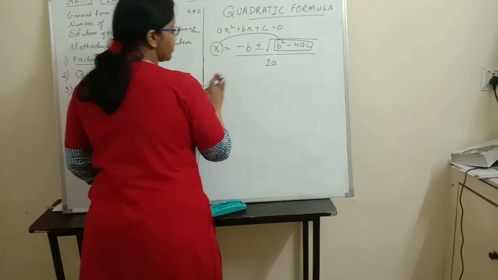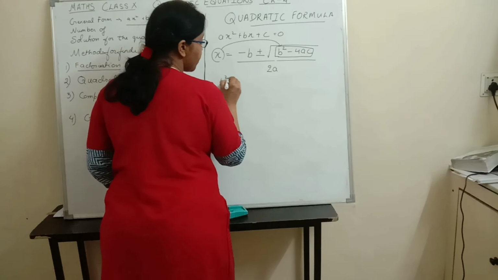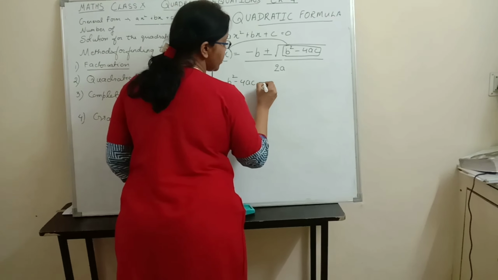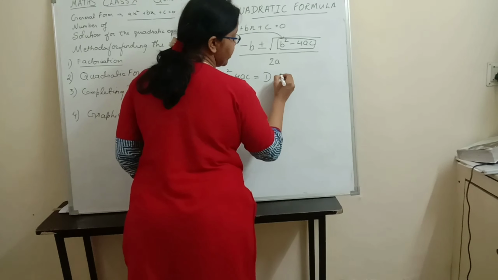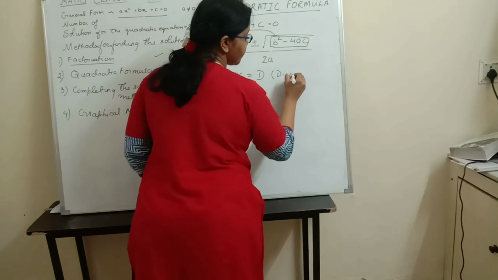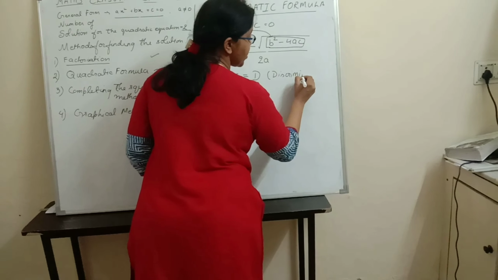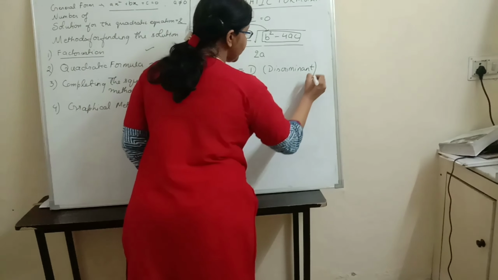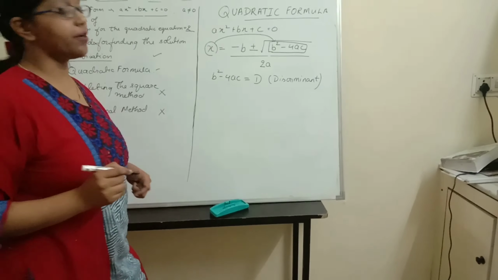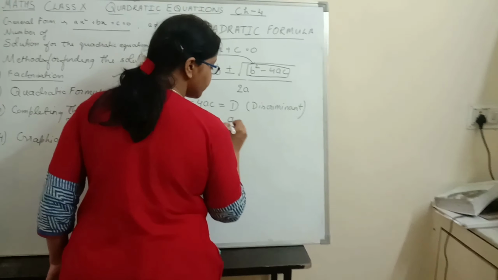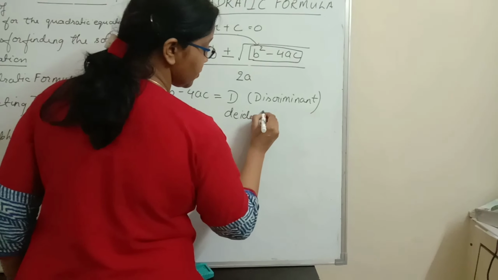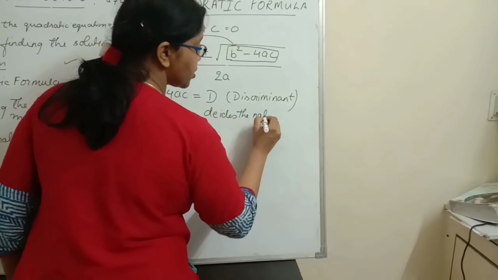That is why this b square minus 4ac is called D. D means discriminant. Discriminant decides the nature of the roots.